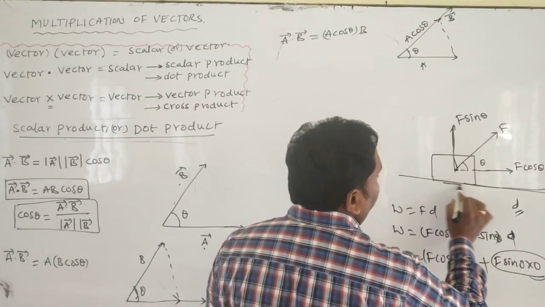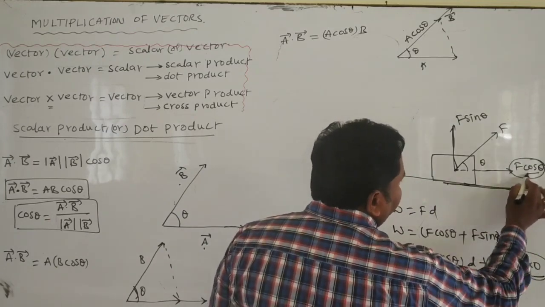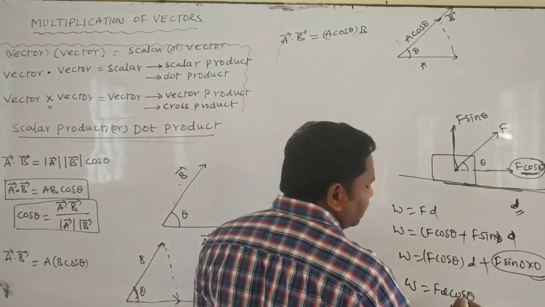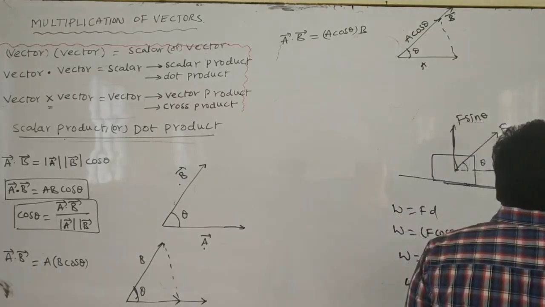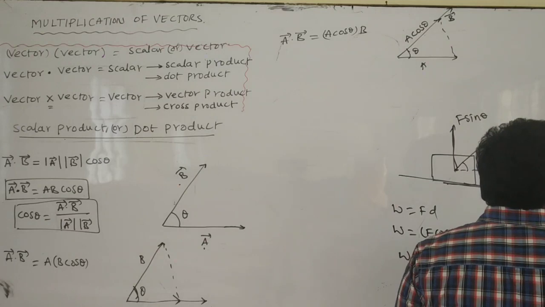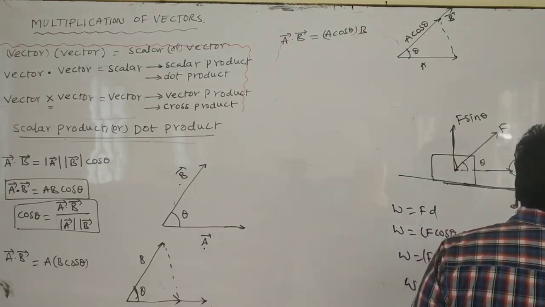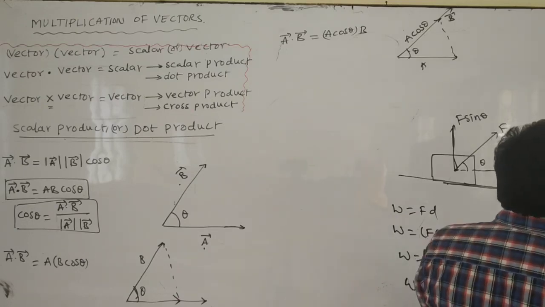Just the component F cos theta along the displacement. So now we can reduce to dot product. And suppose this is the door. We are applying a force F in this direction, F cos theta.